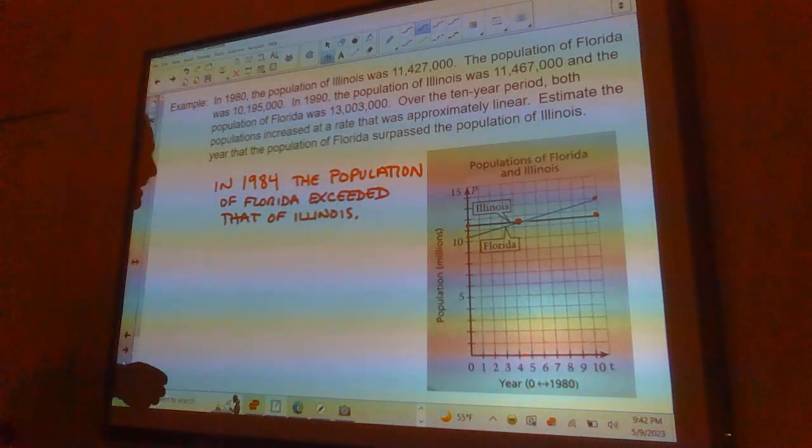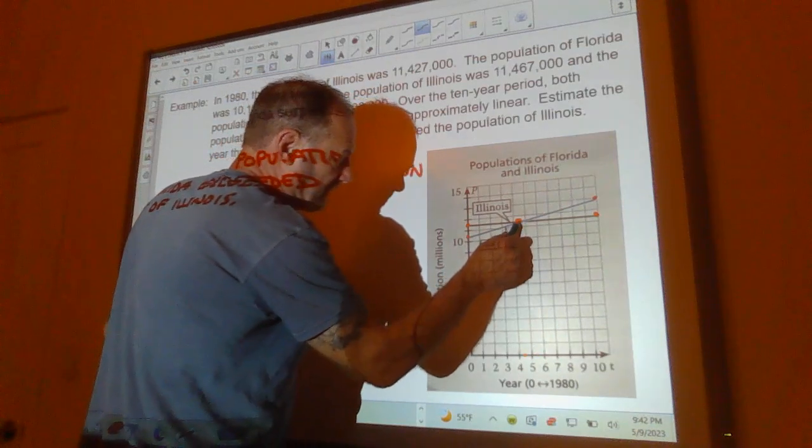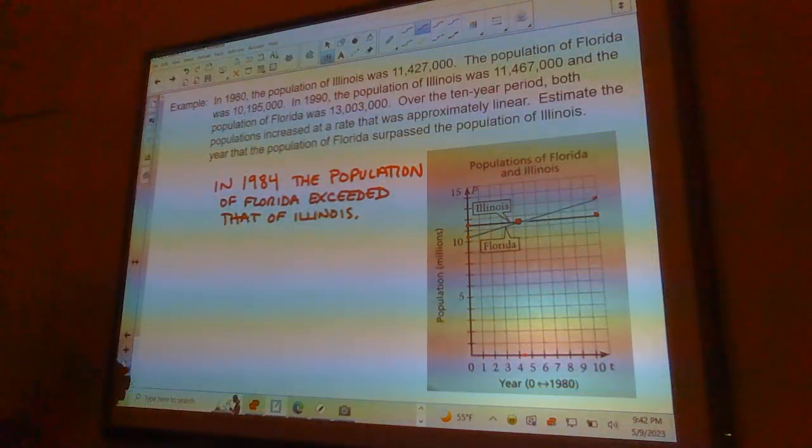Okay, if I wanted to know the population at that time, I could find out. I'd probably use a graphing calculator. I'd come over here and find out what that population was in millions. Okay.